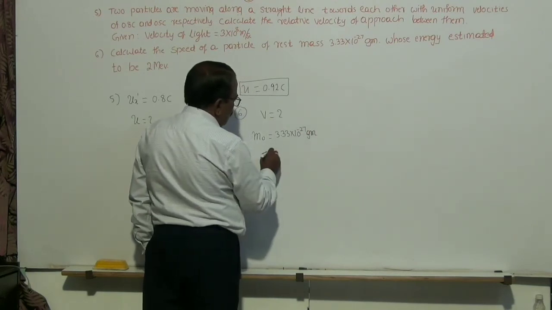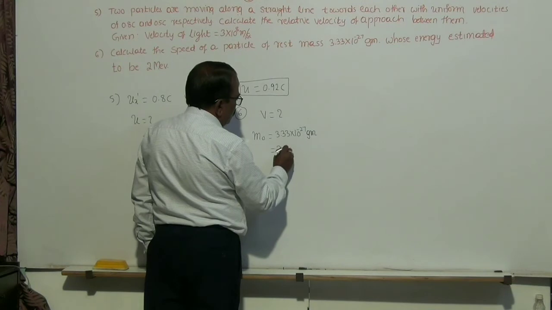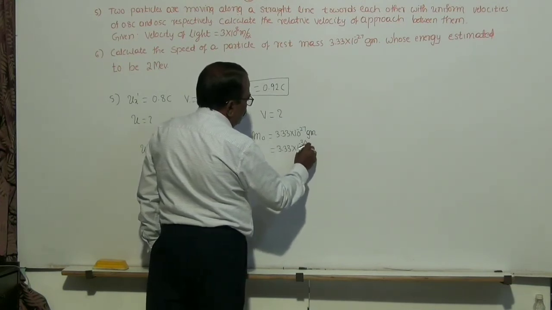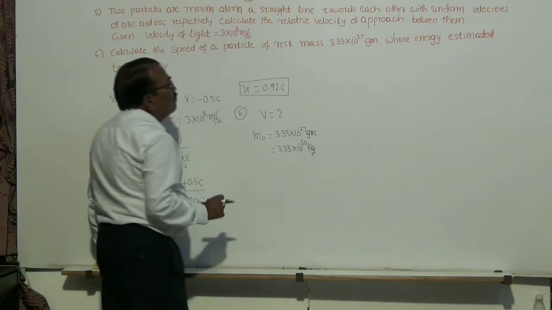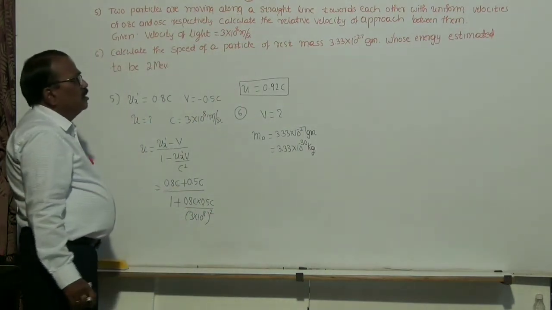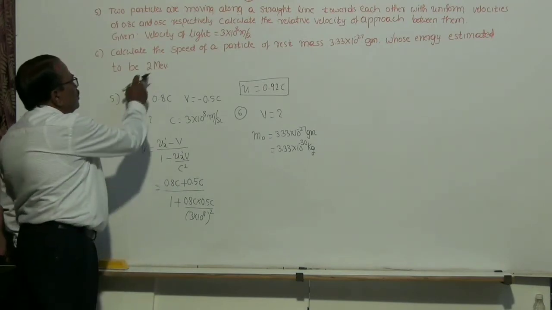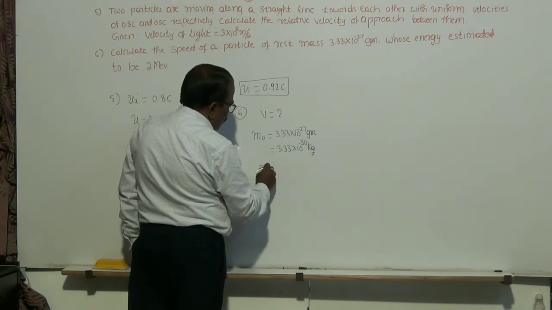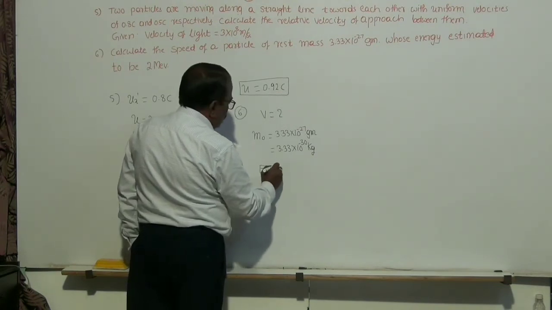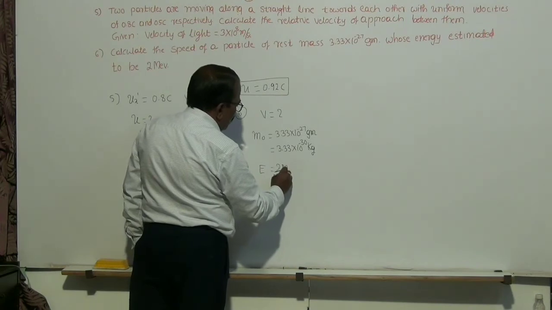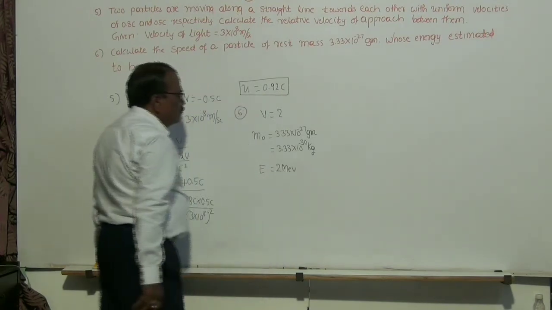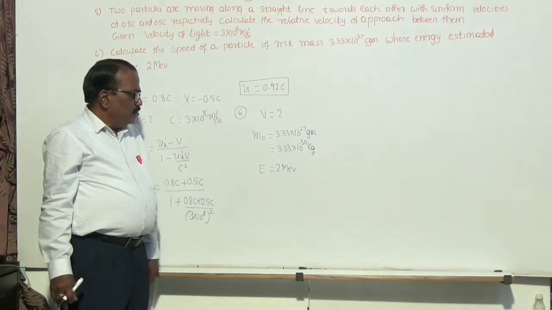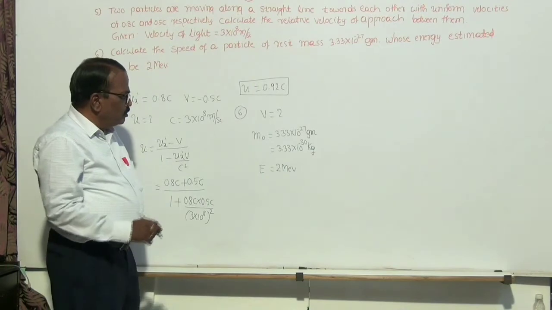Now if you write it in kg, 3.33 into 10 raised to minus 30 kg. Whose energy is estimated to be, energy is given, that means E is equal to 2 mega electron volts. Now you write this mega electron volts in terms of joules.